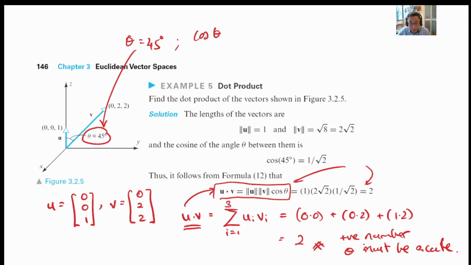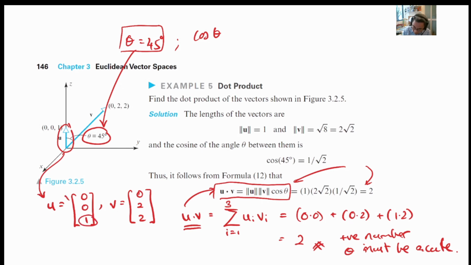Now maybe we'll address the last question. How can we find theta equal to 45 degrees? Well, in this R3 example, it's actually relatively easy. u is a vector, and we can draw it in R3 so that it points only in the z direction.